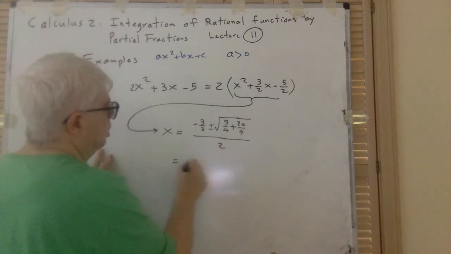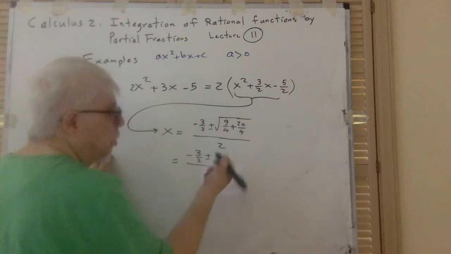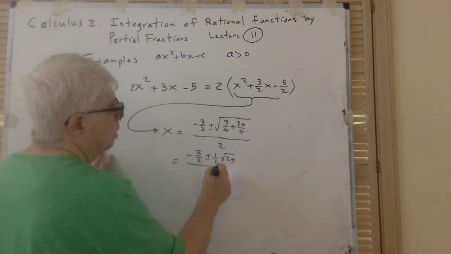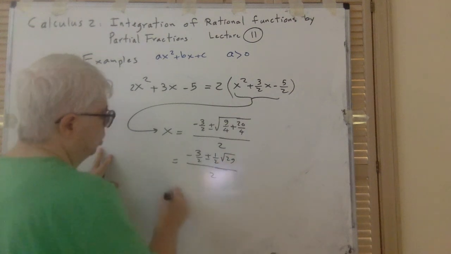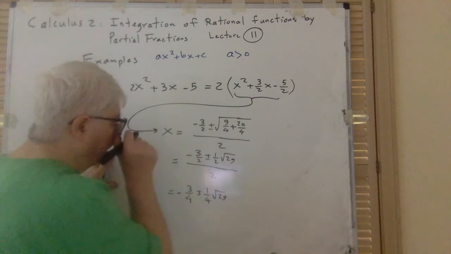So that is minus 3 over 2 plus minus, this is 29 over 4, so 1/2 square root of 29 over 2. So just divide, 3 over 4 plus minus 1 over 4 square root of 29.